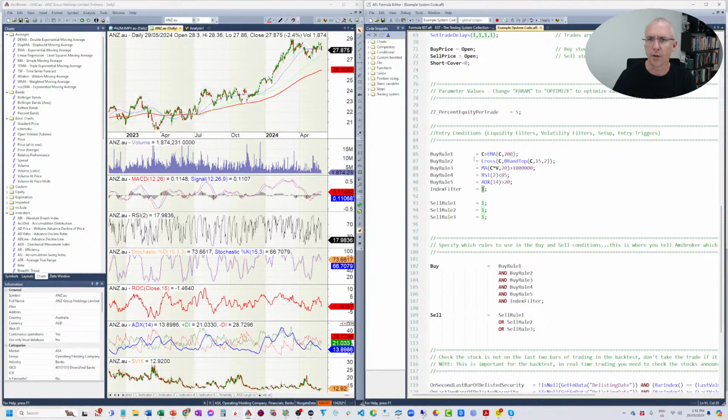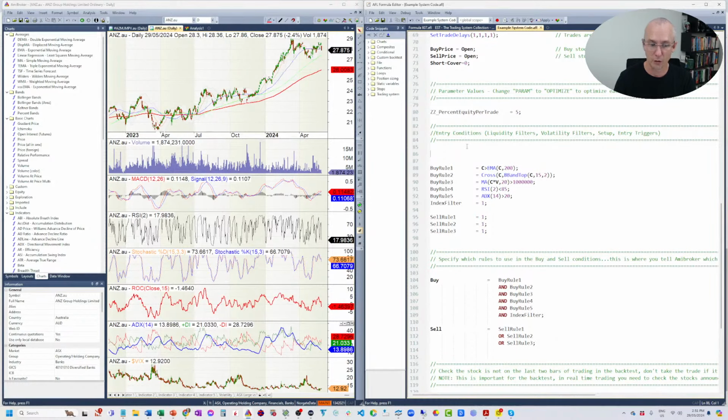And some people also have an index filter. Let's say we want the index to be above a long-term moving average. So first I've got to tell AmiBroker what index we want to use. We're going to use the XAO, which is the Australian All Ordinaries Index. I'm just going to test this on Australian stocks, by the way, in case you're wondering.